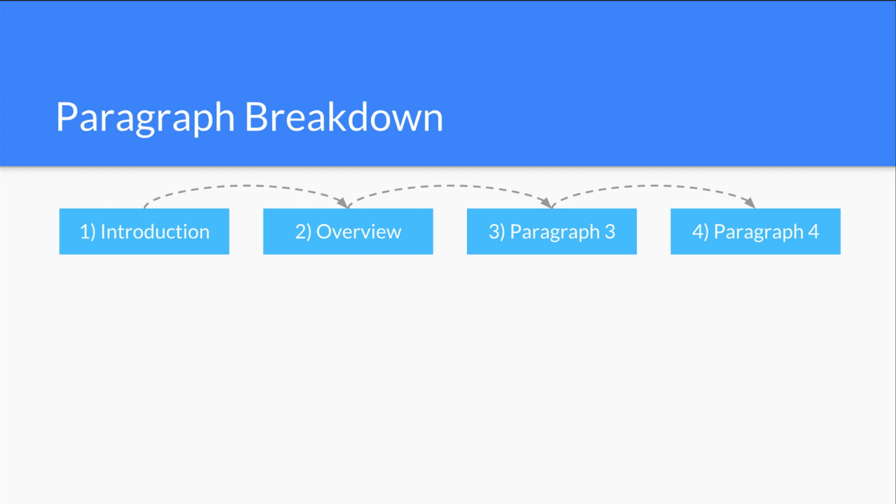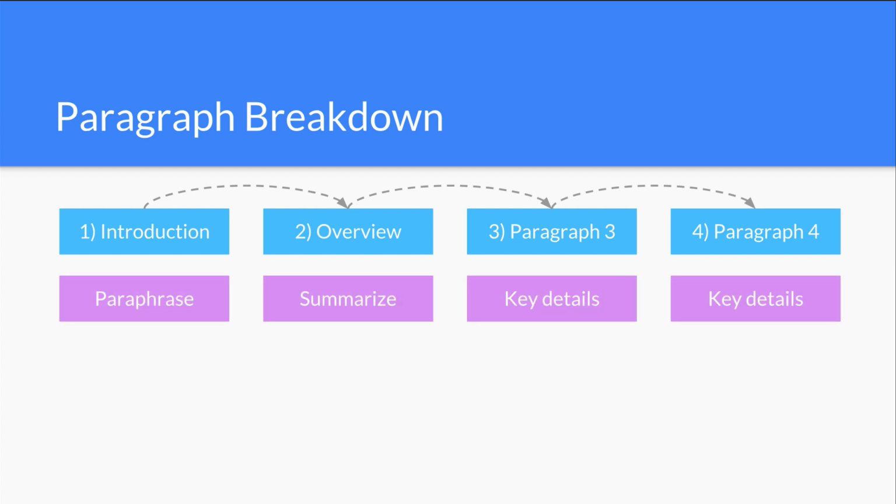So what do you have to do in each of these paragraphs? Let's take a look. In the first paragraph, you have to paraphrase the question language that is in the question prompt. In tomorrow's lesson, I'm going to show you exactly how to do this. So be on the lookout for lesson number 2.